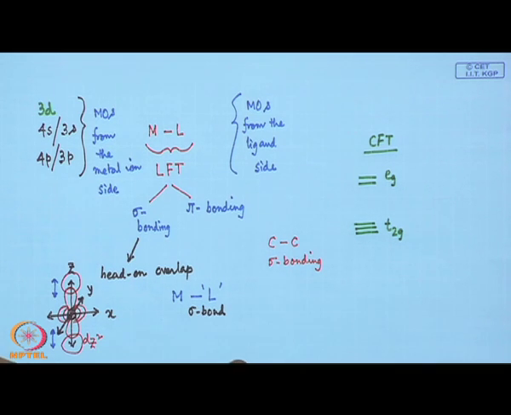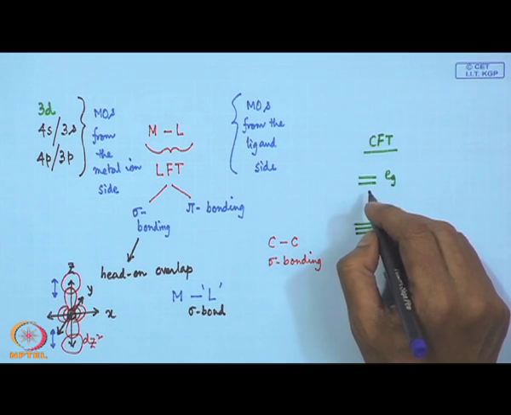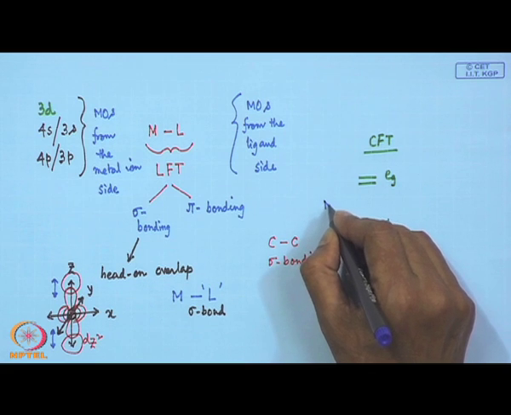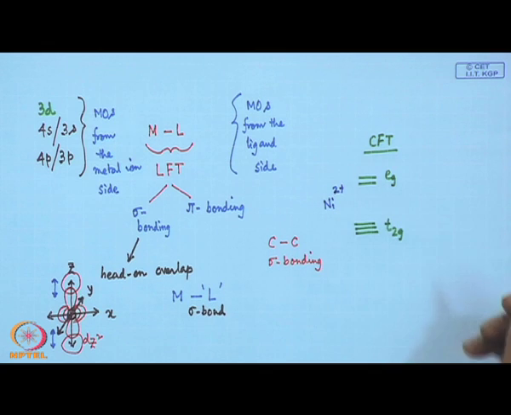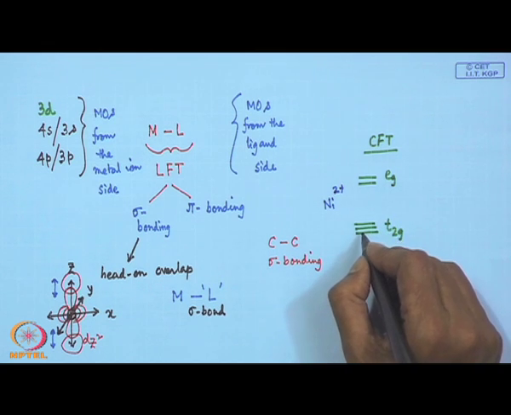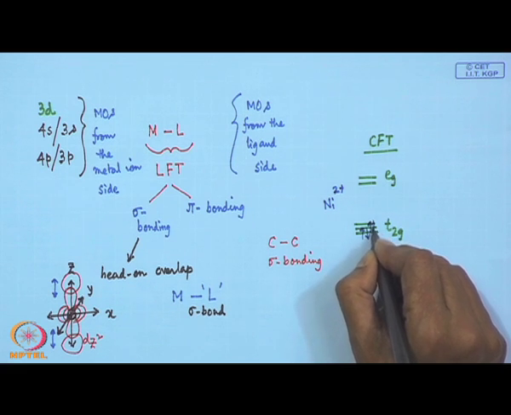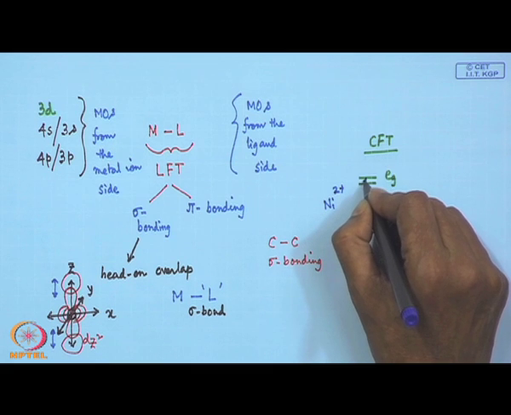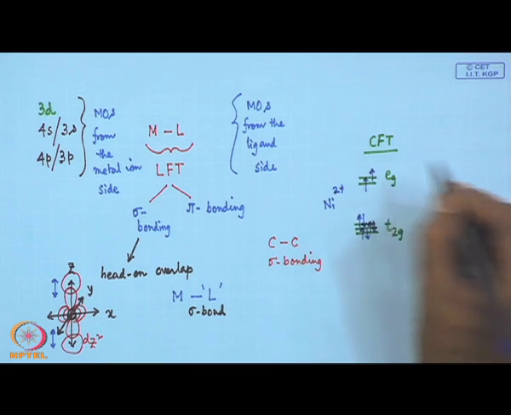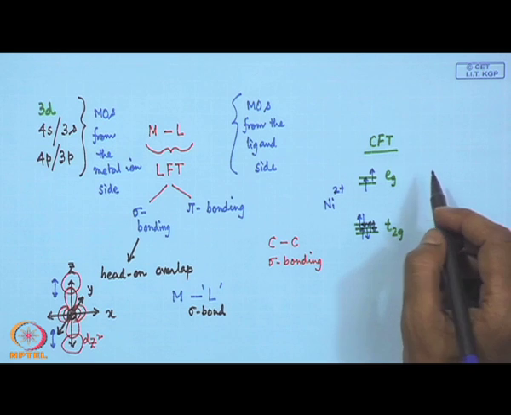There we have seen that if the metal ion is a 3d8 system, the bivalent nickel 2 plus, it has 6 electrons in the T2g level and 2 electrons which remain unpaired in the Eg level.